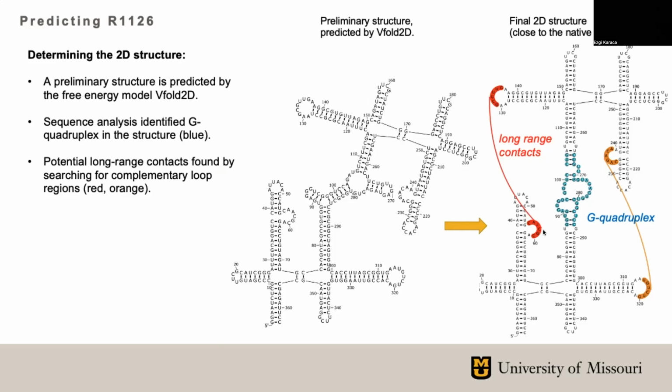Then, as I said, we compare the sequence. We found this loop here and this bulge here. They can form perfect sequence complementarity. So we believe probably they form kissing base pairs. So we added these kissing pairs. So these are the two things we did after the physical modeling.